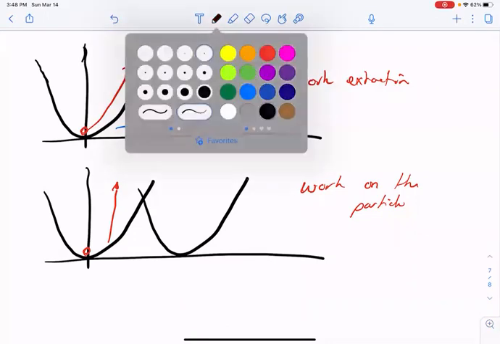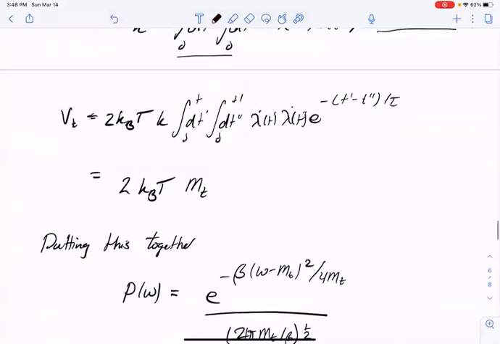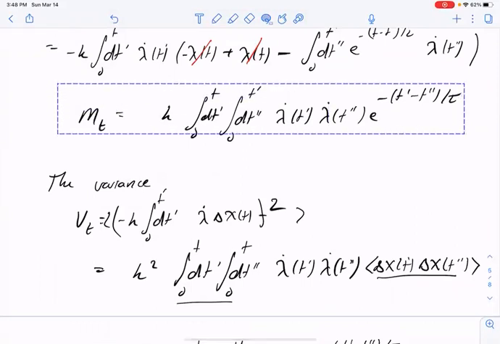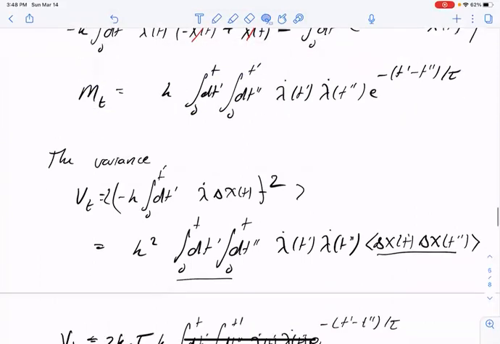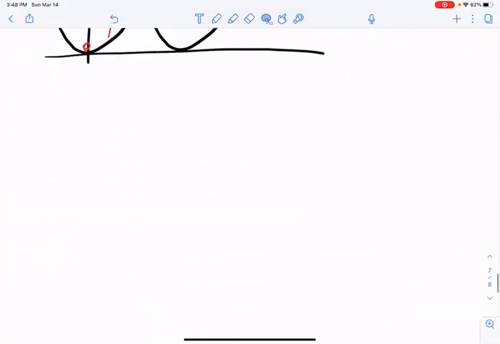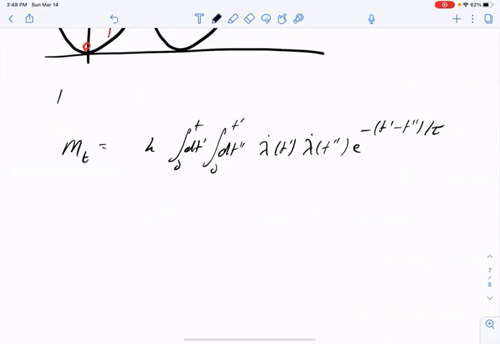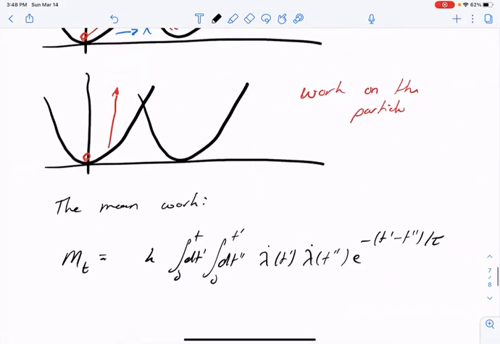We also see from the equation of the mean value of the work what it means to be quasi-static. So remember, the free energy difference between this harmonic potential and that harmonic potential is 0.